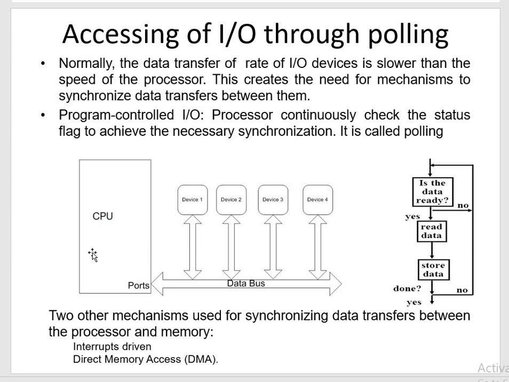Now we will try to understand how we can access the IO. Normally the data transfer rate of the IO devices is slower than the speed of the microprocessor. As we know, the processor's data handling speed is in gigahertz, so it is in nanoseconds. But it is not possible to design the IO devices in such a way that they can operate at such a high speed.